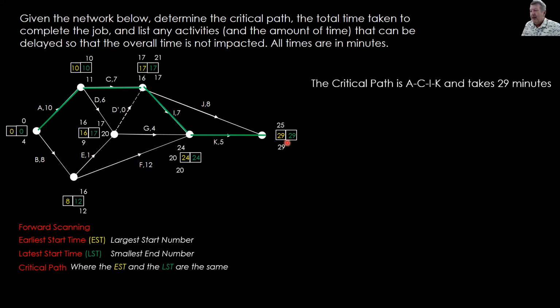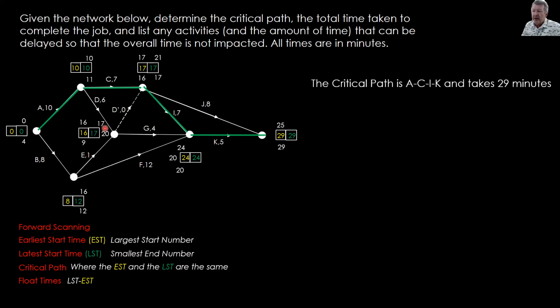Well done. Last one we have to look at is the float times. Now, remember what the float times meant? It was the LST take away the earliest start time. So let's work our way around. How do we pick the ones with float times? We've highlighted the critical path.